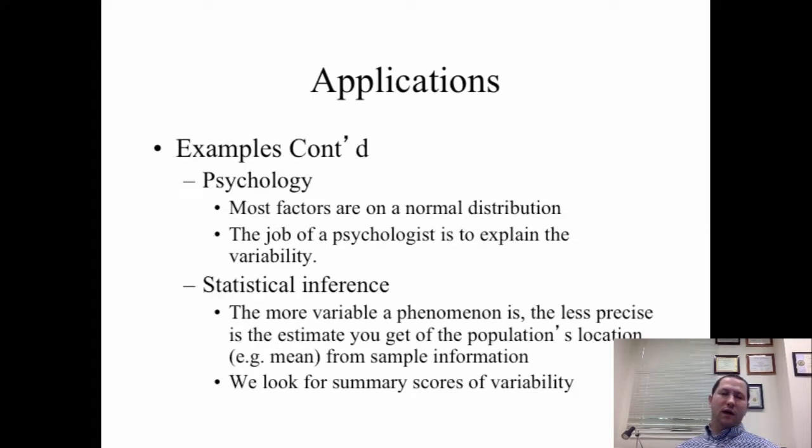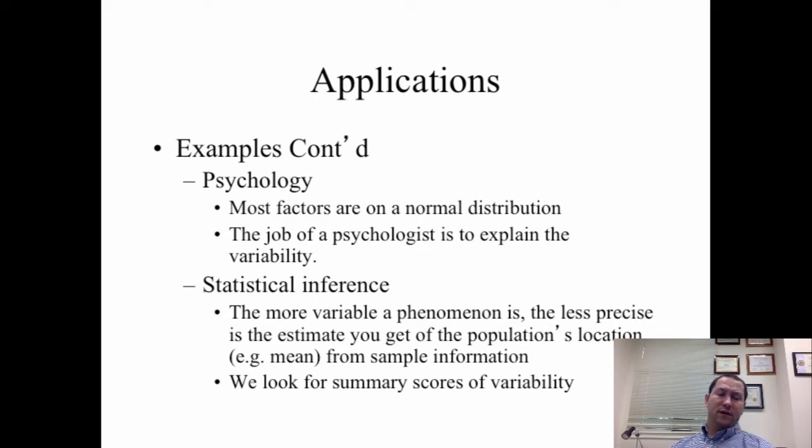Another example is psychology. Most factors are on a normal distribution, and the job of a psychologist is to try to understand or explain variability. Notice how I talked about two standard deviations above or below the mean, because what's considered normal or atypical is usually about two standard deviations above or below.